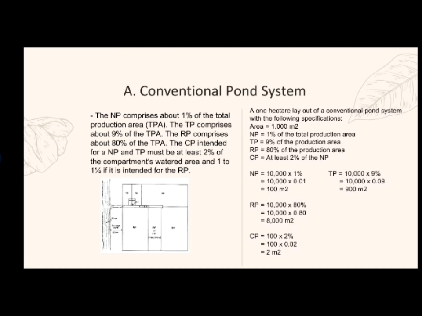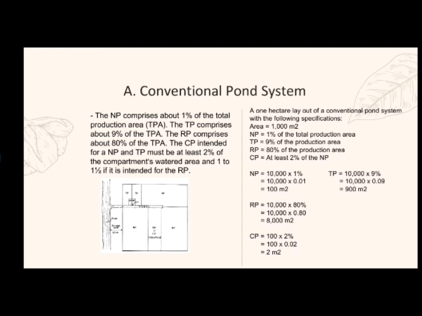So, next is the rearing pond. Copy the 10,000 times the total production area of the rearing pond, which is 80%. So copy that 10,000 times, convert the 80% into decimal form. Mahimo siyang 0.80 and the result is 8,000 meters squared.